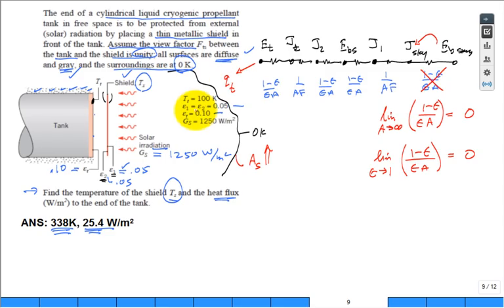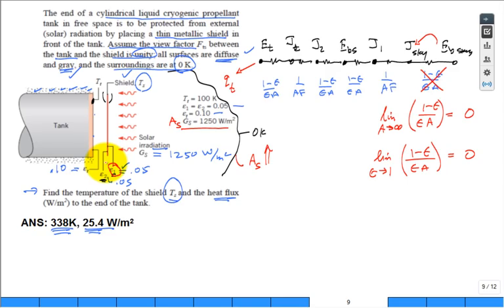Okay. Now, I have to deal with this solar load. It's 1250 watts per meter squared. If I multiply that by the area of the shield, won't that give me how many watts of solar radiation are impinging on the one surface of the shield? They're impinging on side one of the shield, right?